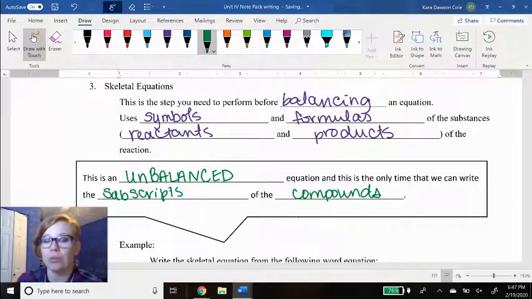Unless I tell you you need to balance the equation. In that case, you're going to have to go through the skeletal equation and then balance it, okay? So just remember, ionic compounds, when we write their subscripts, we are crisscrossing their charges, or the absolute value of their charge, okay?